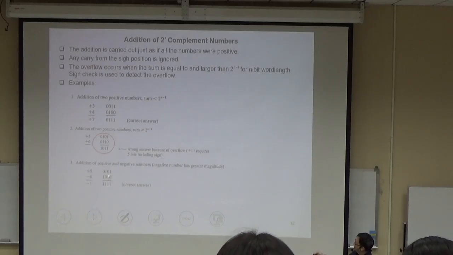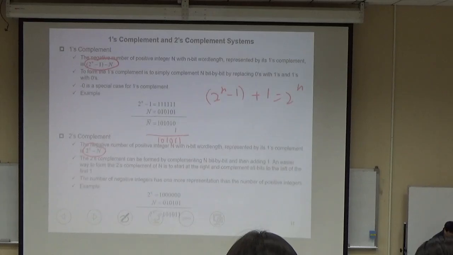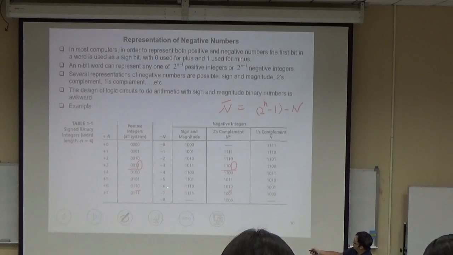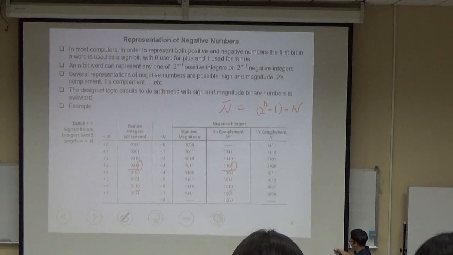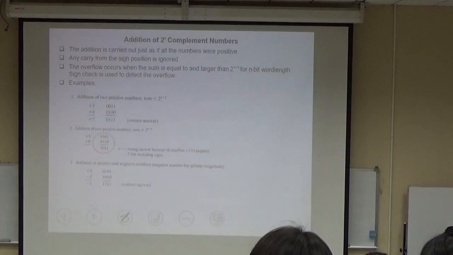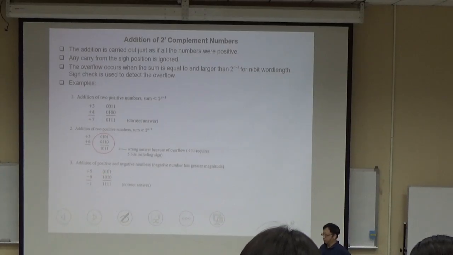This one is minus 6 in the two's complement expression. Check it right here. Minus 6 in two's complement has this expression 1, 0, 1, 0. So 1, 0, 1, 0 is the expression of -6 in the two's complement system.